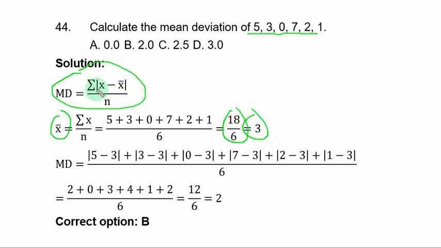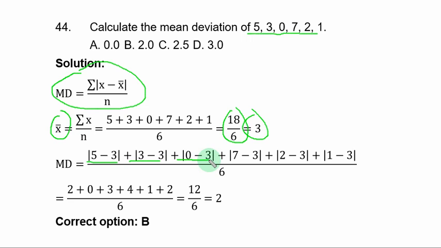So if you come here, you take it data point by data point, you have absolute value of 5 minus the mean. Sum means addition, absolute value of 3 minus the mean plus absolute value of 0 minus the mean, and so on.